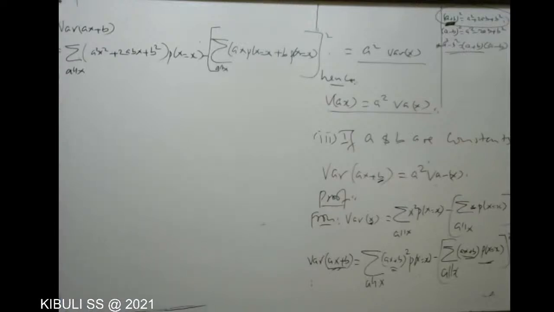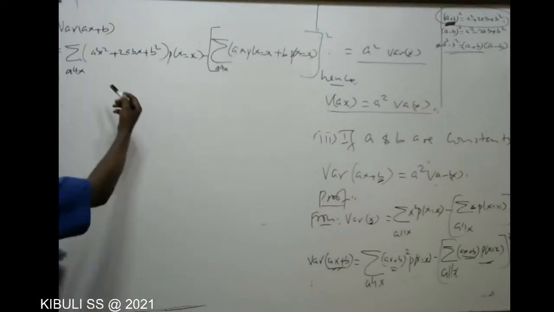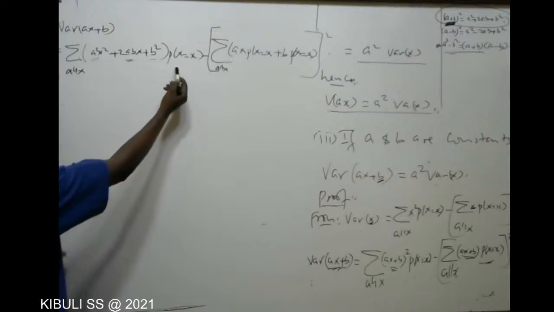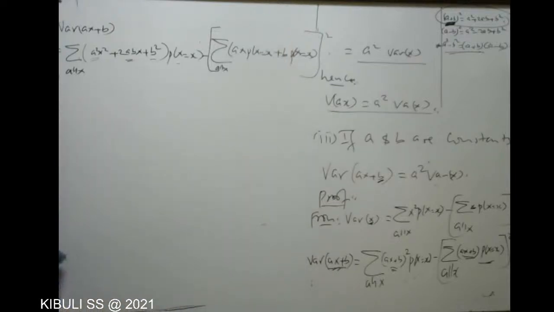So after getting that, we can choose to plant all this into these values here. We can also choose to square this first, and we shall plant in. So this will give us now what?